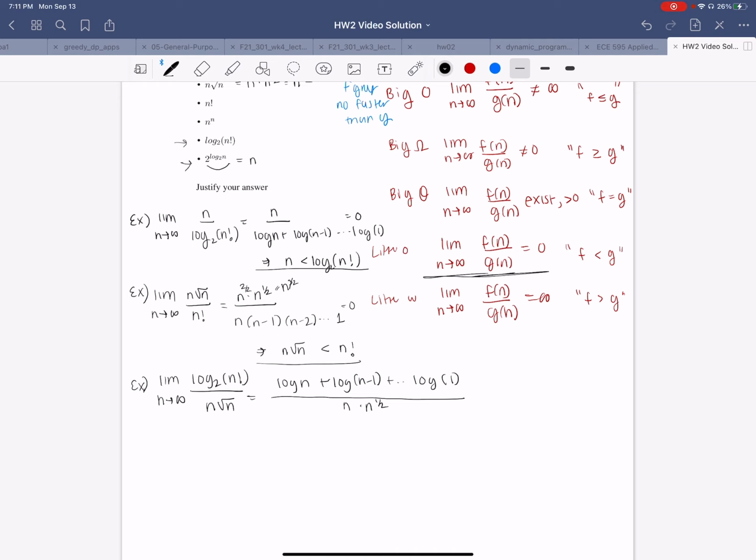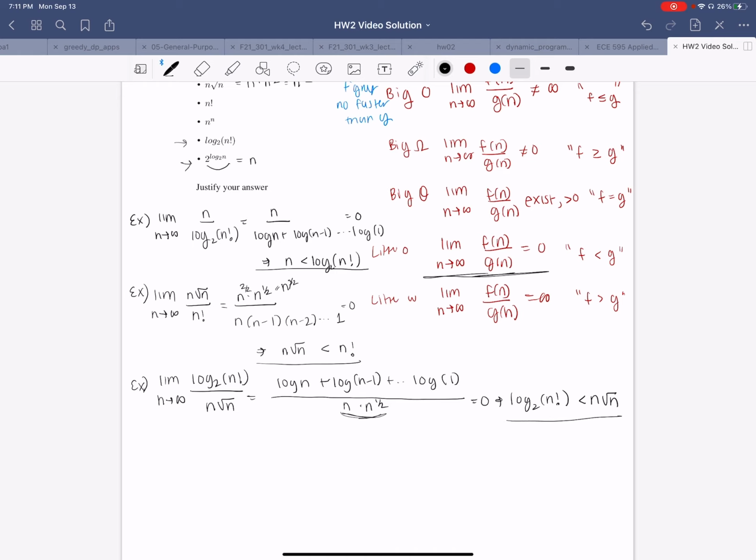So each of these terms is smaller than this one right here. So this is also equal to 0. So we can go ahead and say that log base 2 of n factorial is less than n root n.